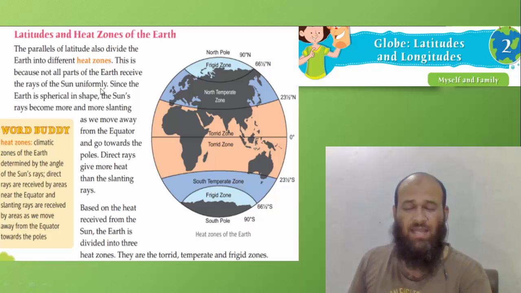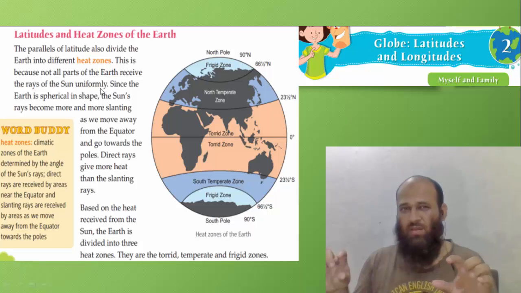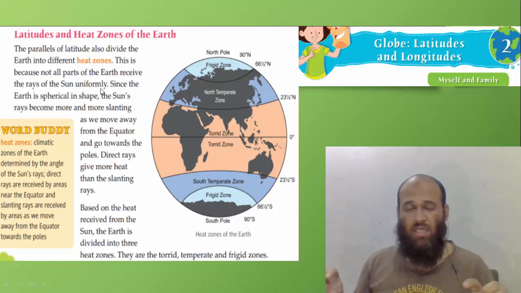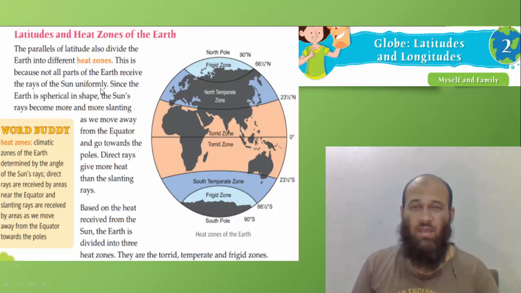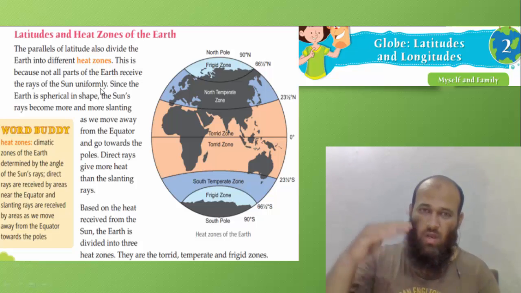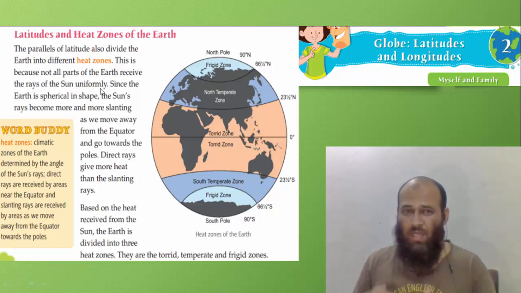So just like light, the heat is also transferred in the same way. At the center of the earth, in the equatorial region, you have the hottest places on the earth. As you go up and as you go down, you will find the temperature decreasing.